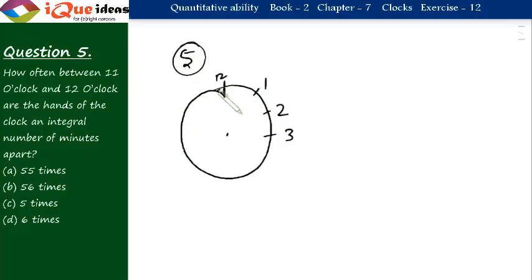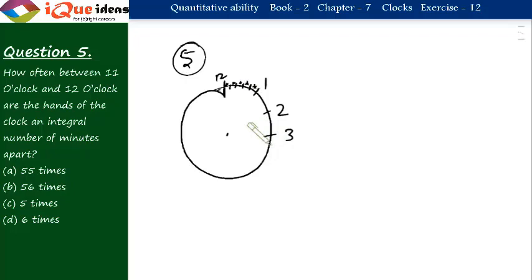So the entire clock can be divided into 60 spaces, and each space is called a 1 minute space. From 12 to 1, the whole thing can be divided into 5 equal parts. Each part, I am putting the star mark here, is a minute space.